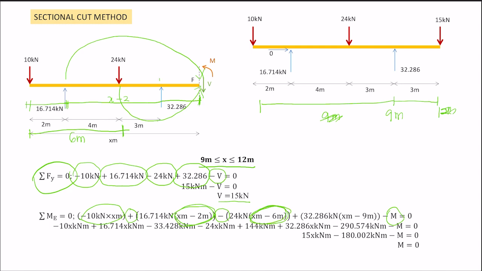Next, we have the RBY or 32.286. This is clockwise, so positive. And the distance is from here to zero, this is 9 meter. Meaning that X minus 9 meter is the distance.